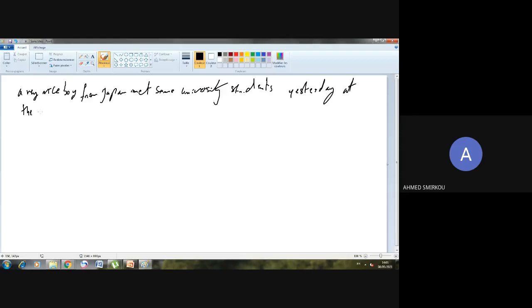Both of them will be accepted, because I gave two different sentences to the two groups: the Department of English or the English department. So English is simply an adjunct to department. Okay, so who can do it? A very nice boy from Japan met some university students yesterday at the Department of English.